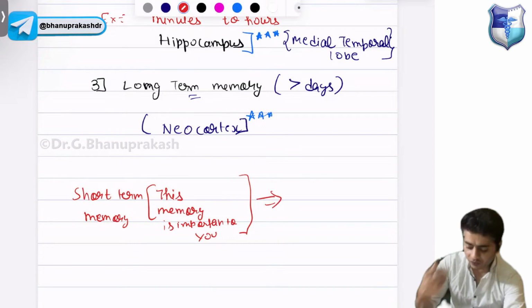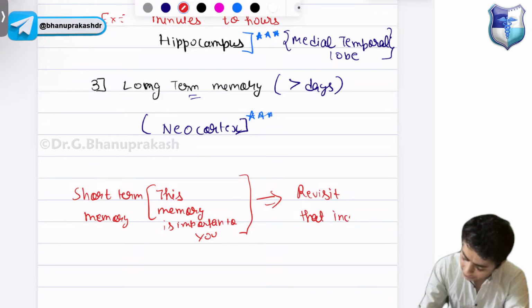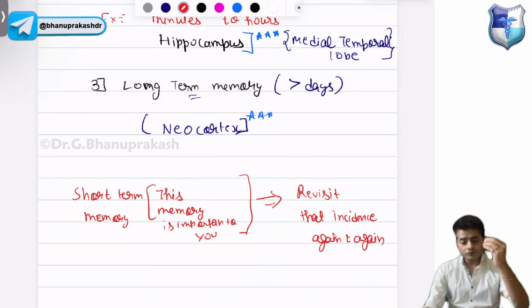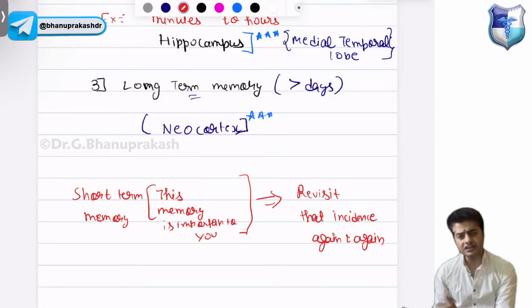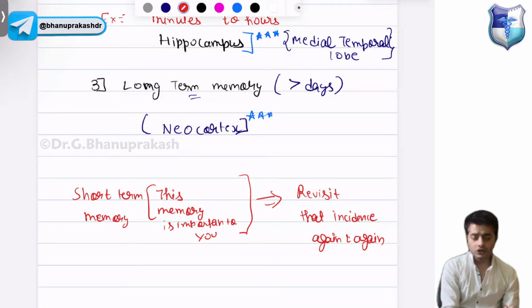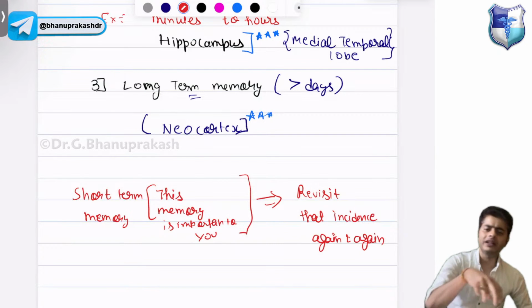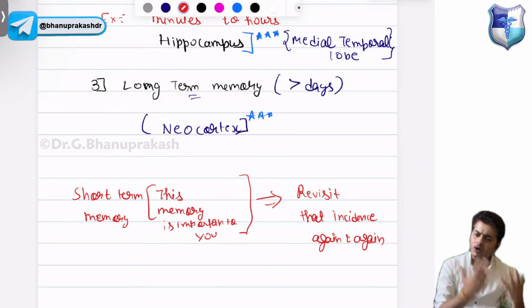If something is important to you, you will revisit that incident again and again. Now suppose there is an individual you have met for the first time, and you are going with that individual in a car. How much time will you remember that individual?